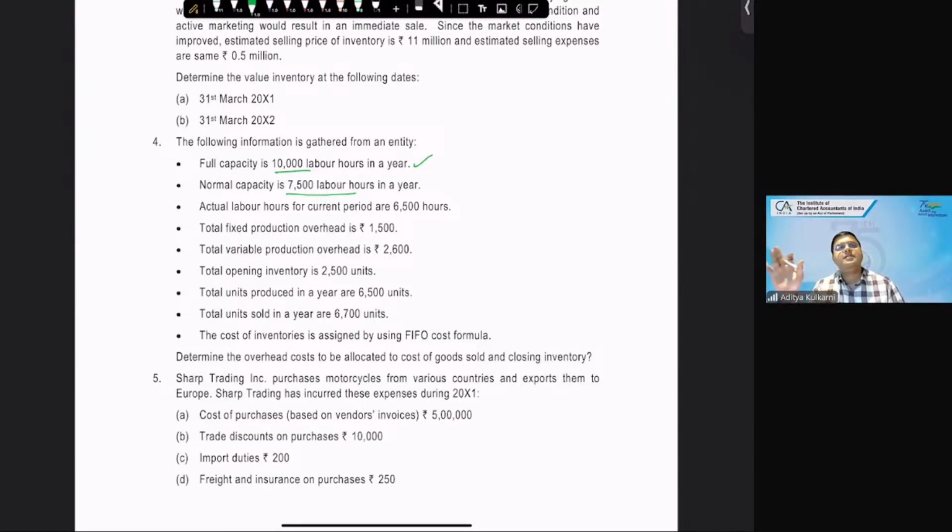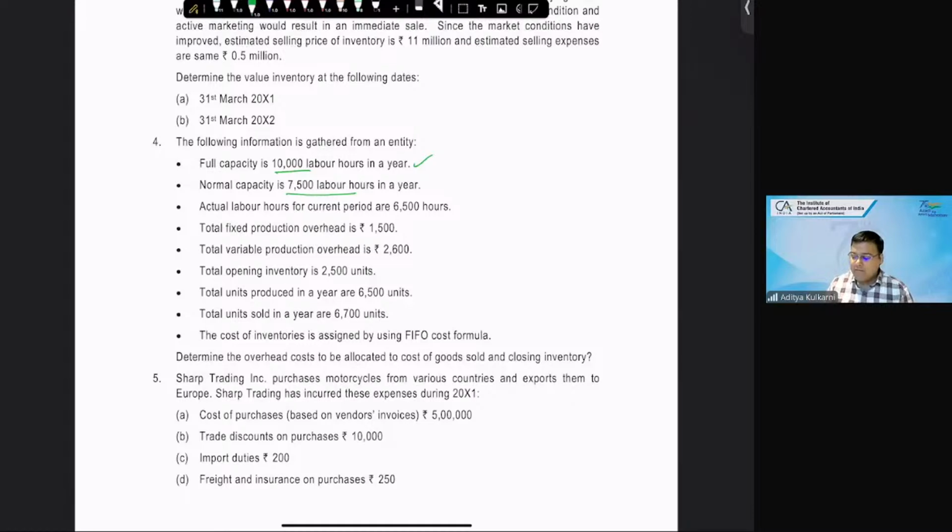Normal capacity is what you intend to achieve. So I intend to achieve 7,500 labor hours capacity. So that is your basis for absorption. Maximum cannot be the basis for your absorption because you will never achieve maximum capacity.